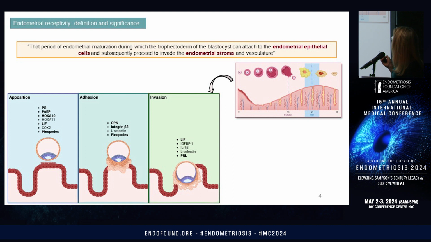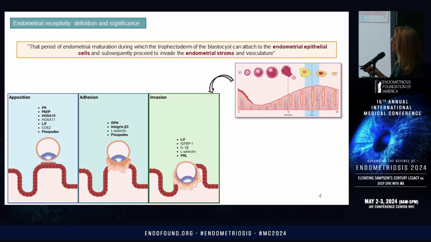You have seen that I put the epithelial and the stroma in red. During my talk, these are the two fields we will explore together. We are there with a window of implantation around day 21, and you see in the summary that there are 3 phases for the embryo to implant: apposition, adhesion, and then invasion. That's what women seeking pregnancy are waiting for.